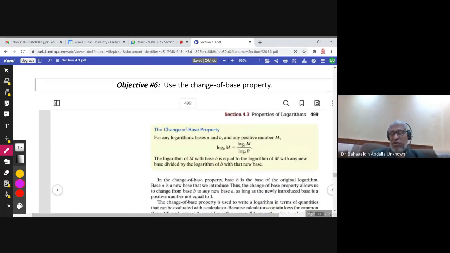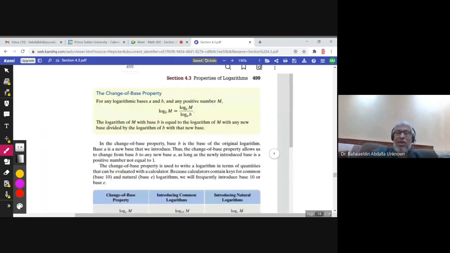Okay, we solved, I think, enough problems about condensing or writing as a single logarithm. The last objective in this section is using the change of base property. What happens if you want to change the base? For example, the base is b, and I need to change the base from b to a.